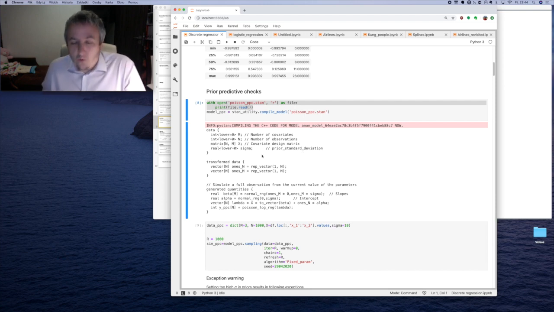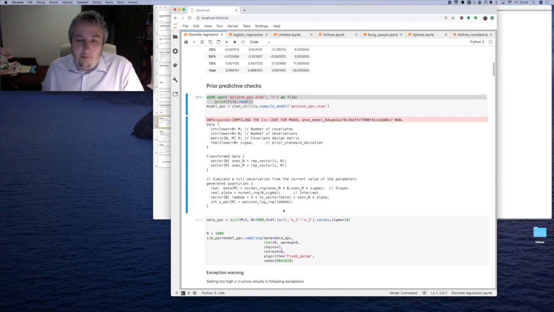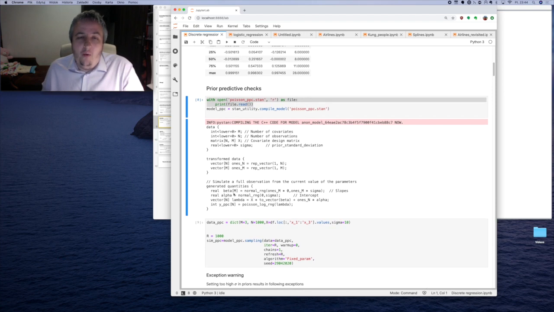So using a predictive check, we'll be able to discuss how we'll develop priors for our distribution. We add one assumption. Our assumption is that our coefficients, both for alpha and beta, will be identically distributed, so they will be distributed with a normal distribution with zero mean and sigma.